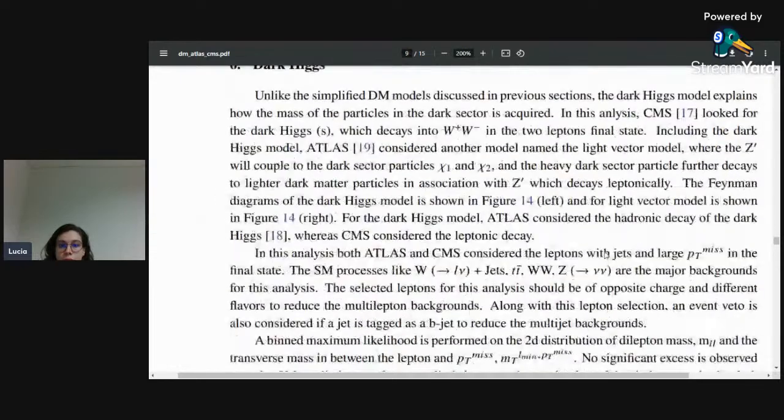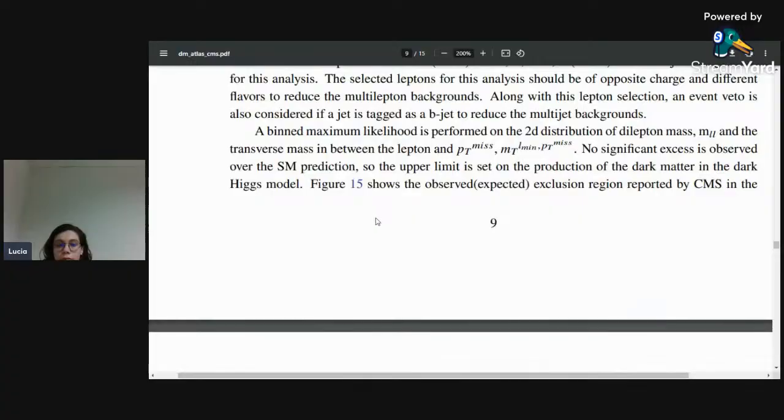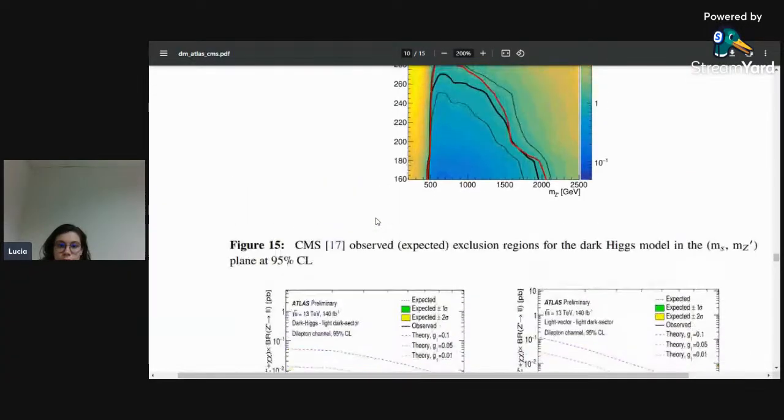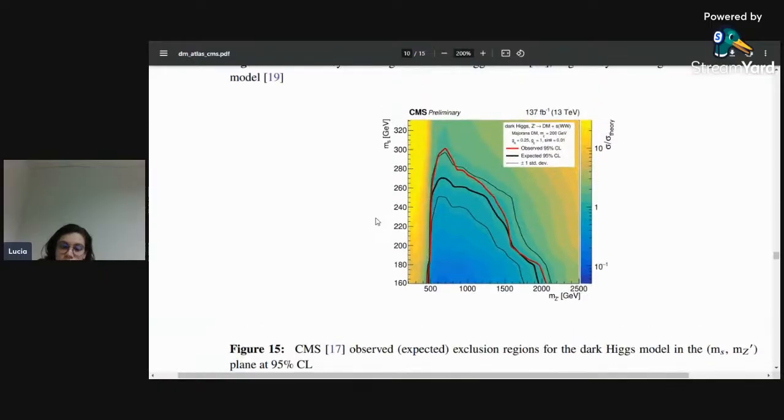Let me see which plot this is. Okay, 15. Here we have a plot excluding the mass of both the Z prime and the dark Higgs.